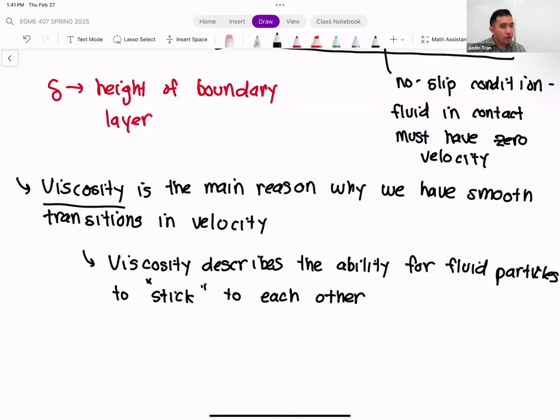Everyone can think of examples of highly viscous fluids, like honey and molasses.